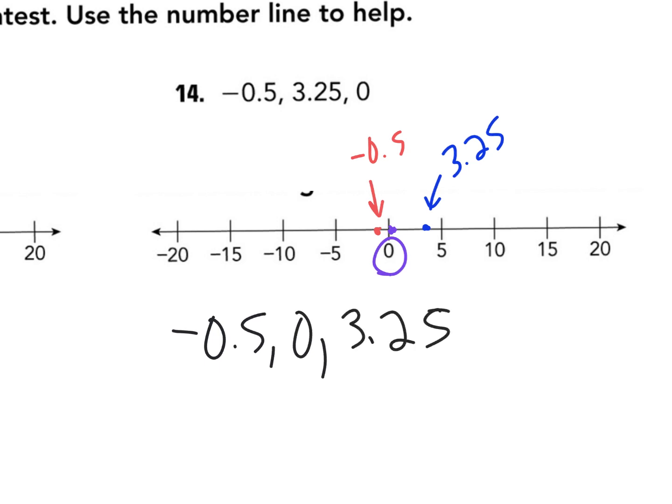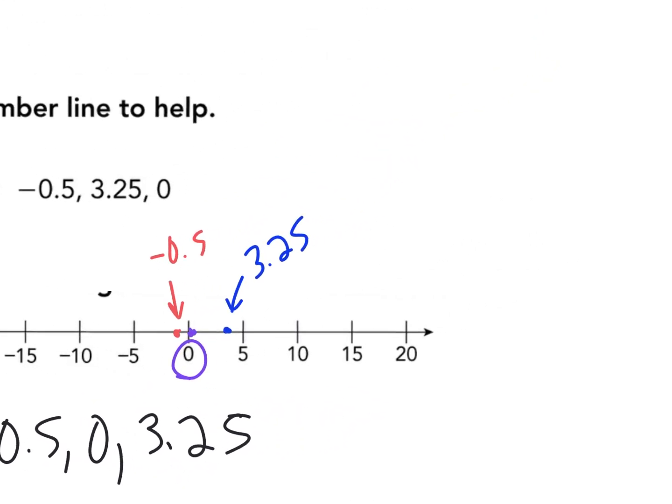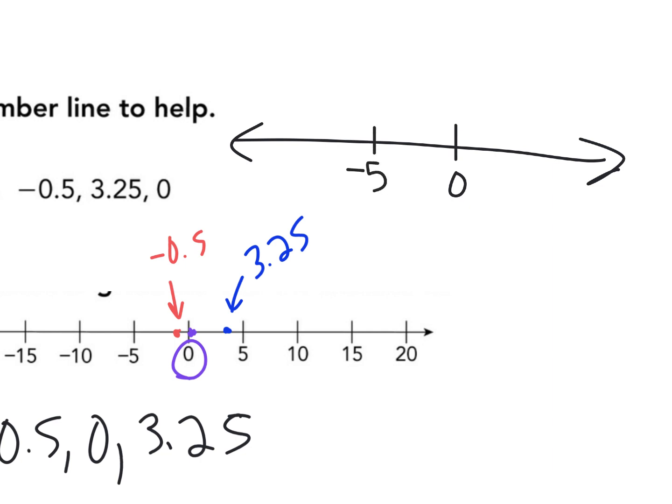If you're ever doing problems like this and this is not enough detail, you can be more specific and put all the numbers. If we have 0 and negative 5, this might be a little tricky, but you could put marks in between to represent negative 1, negative 2, negative 3, negative 4.